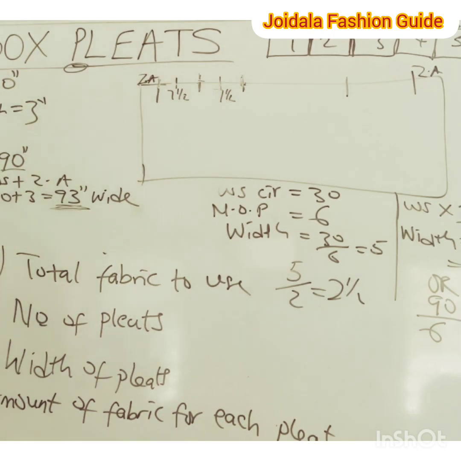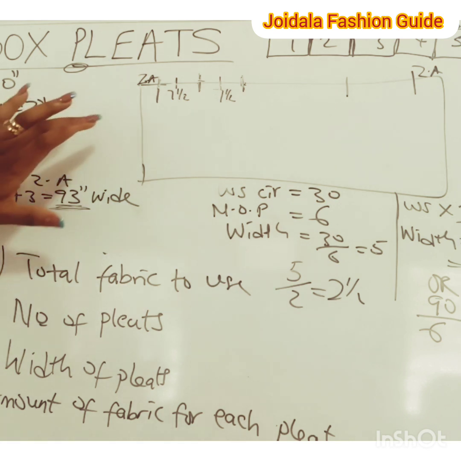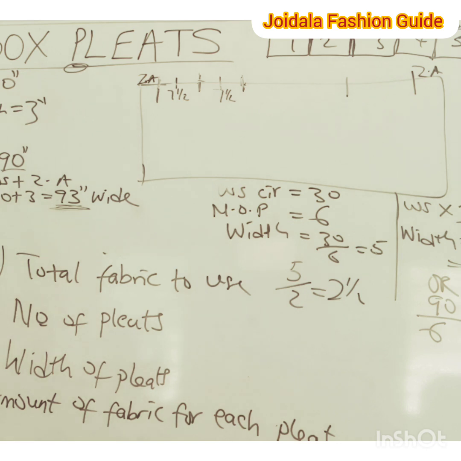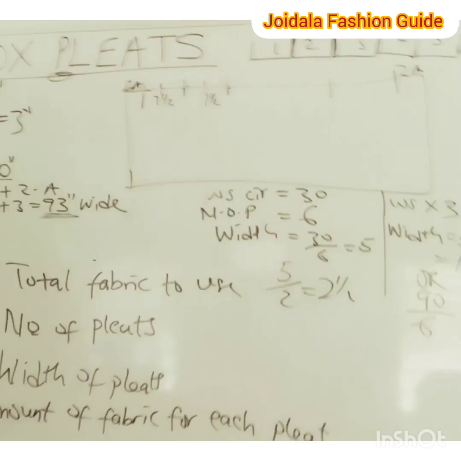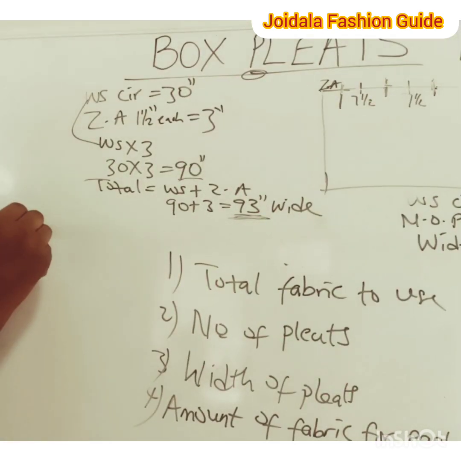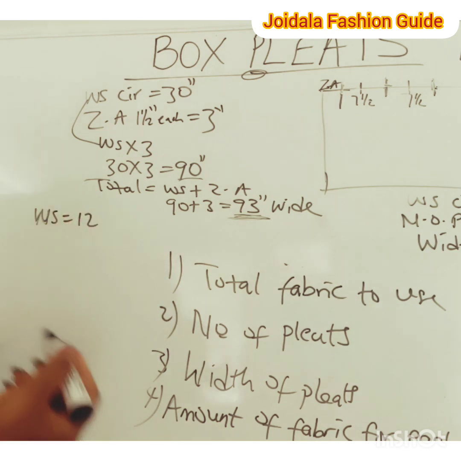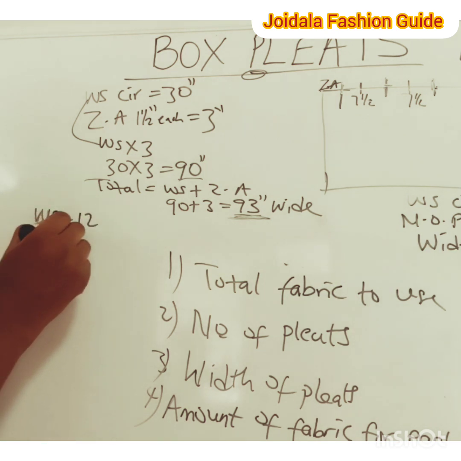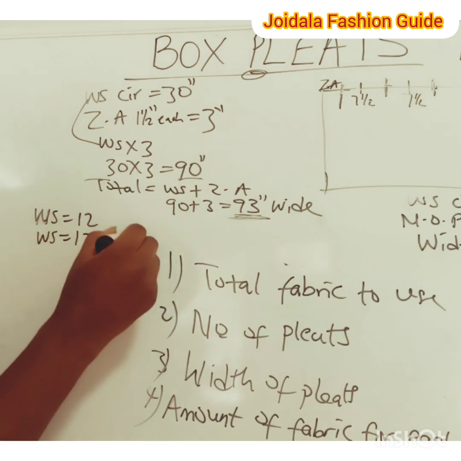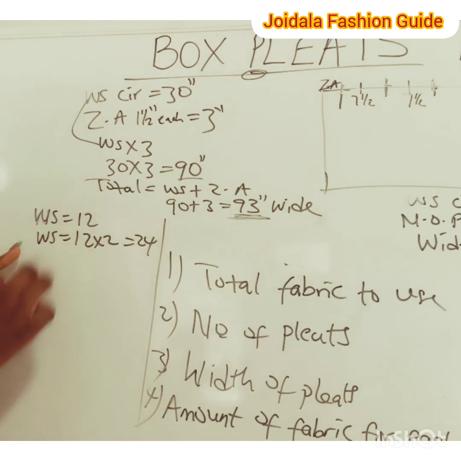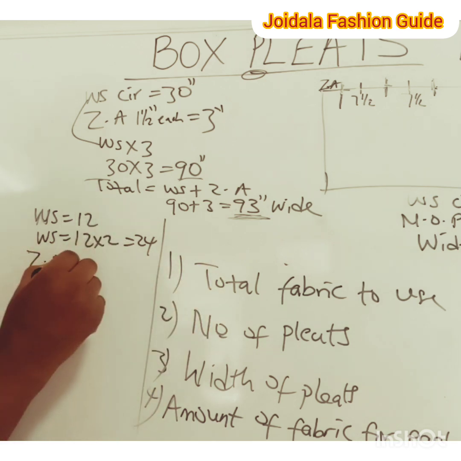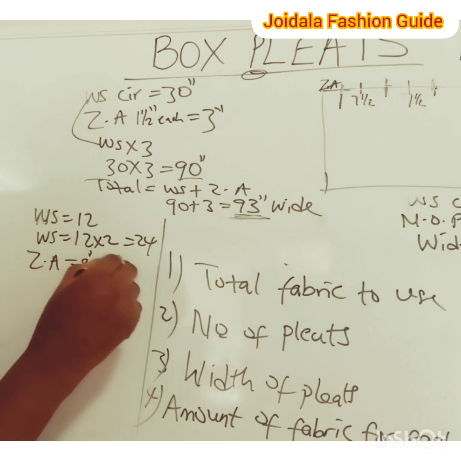So I'm going to be showing you on fabric how to make a pleat with this 30, and also I will show you on fabric how to use, for example, a waist of 12. Let's say a waist of 12, and then we want to multiply this by 2, having 24. And then for the zipper allowance, we want 2 inches on each side, making 4.